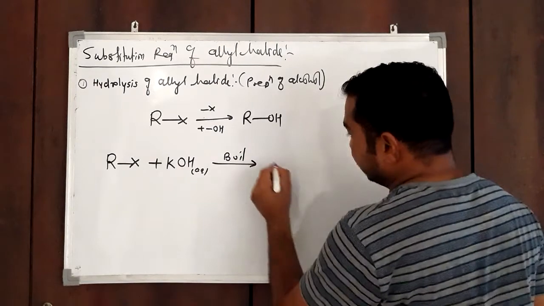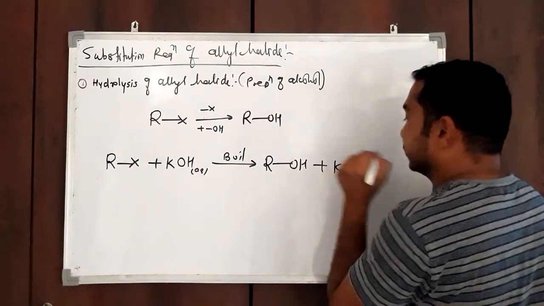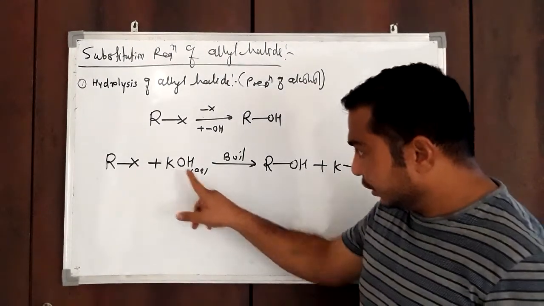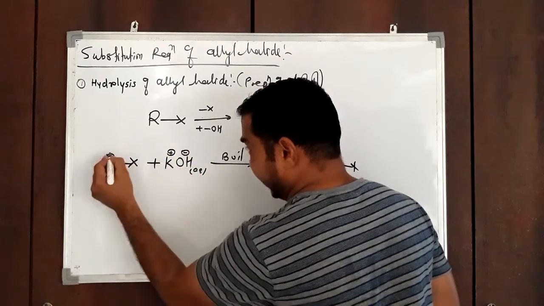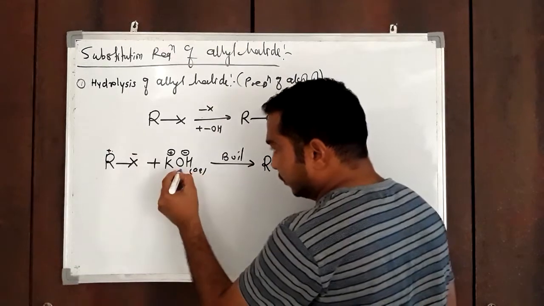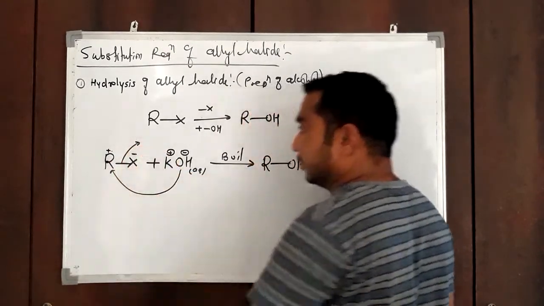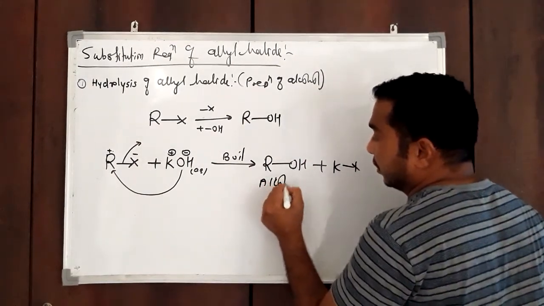Then you will get ROH plus KX. See, in this reaction what happened? In KOH, K is positive and OH is negative; R is positive and X is negative. This OH replaces the halogen atom from the alkyl halide, giving alcohol, ROH.